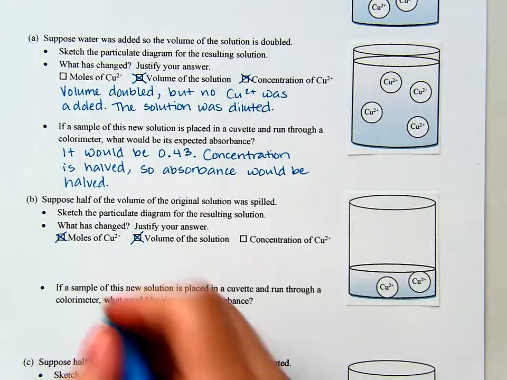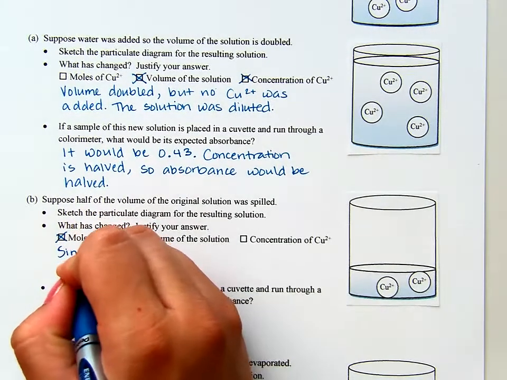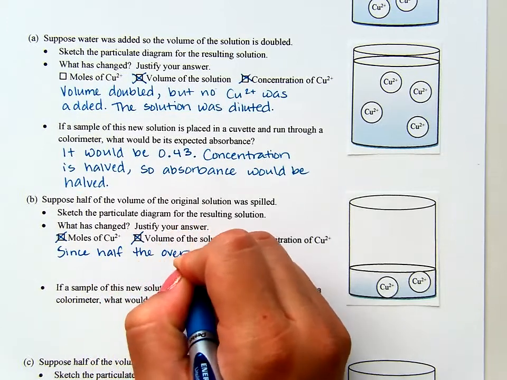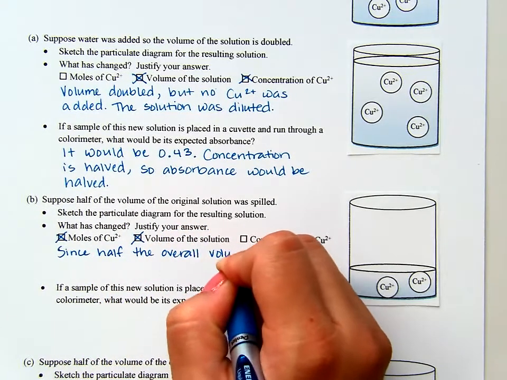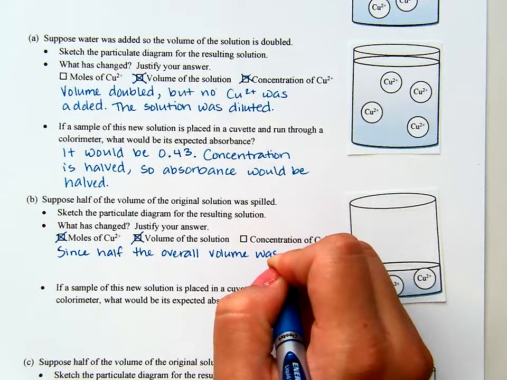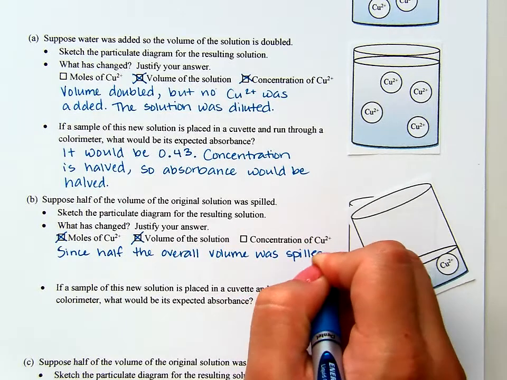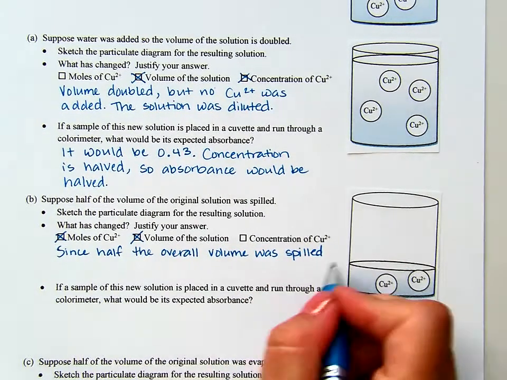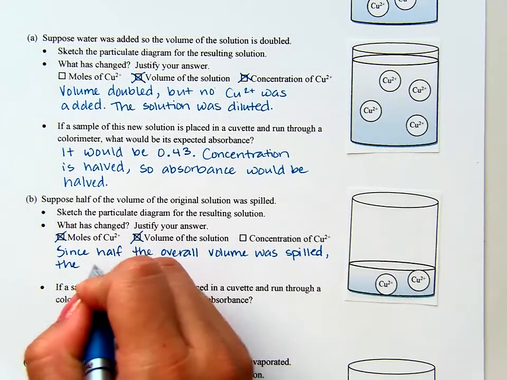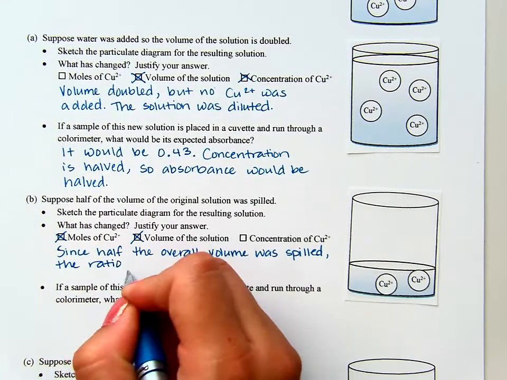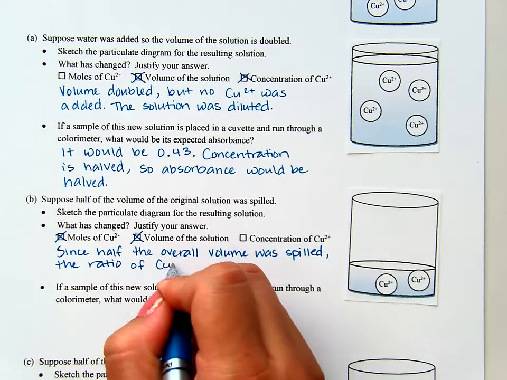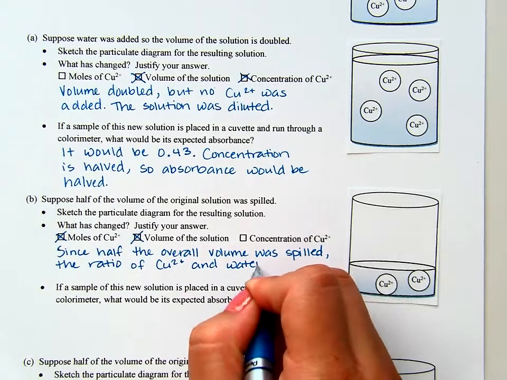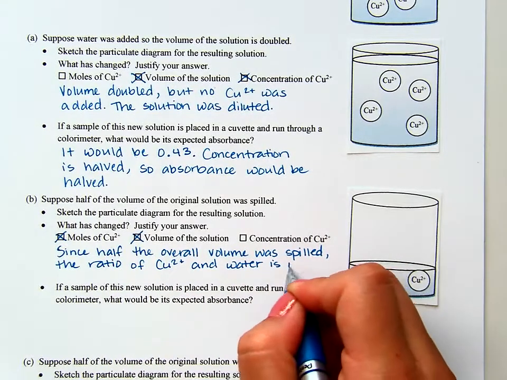So since half the overall volume was spilled, the ratio of copper and water is unchanged.